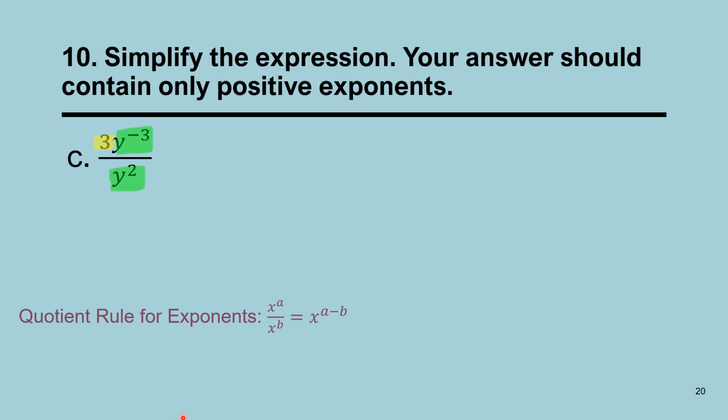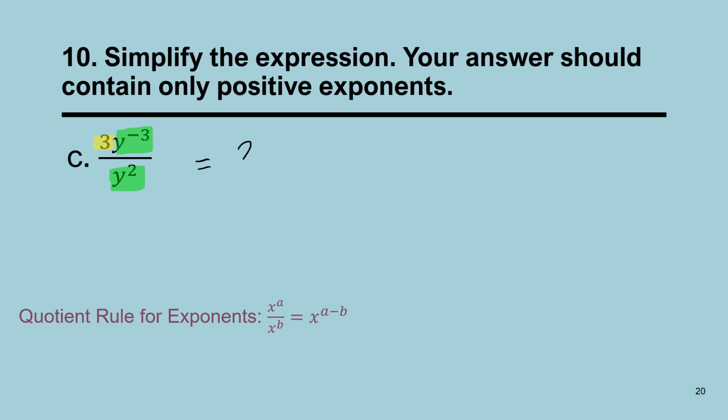But let's talk about how we're going to deal with these variable terms. So we have y to the negative 3 over y squared. The quotient rule for exponents says if you have a common base and you are dividing, you can subtract the exponents.